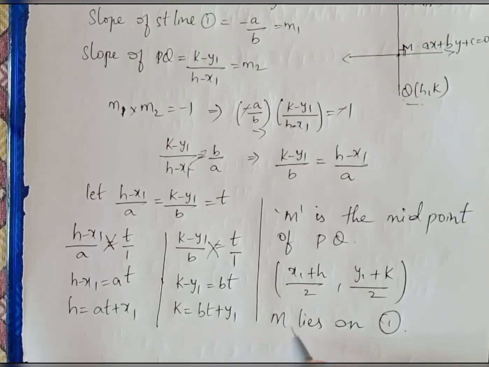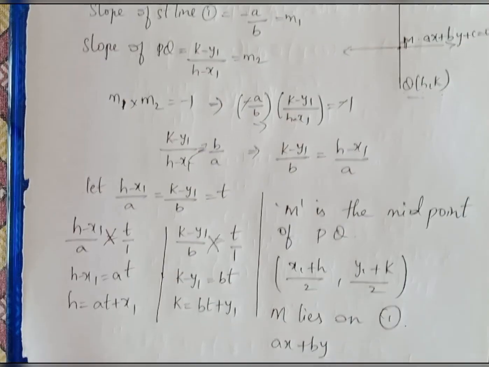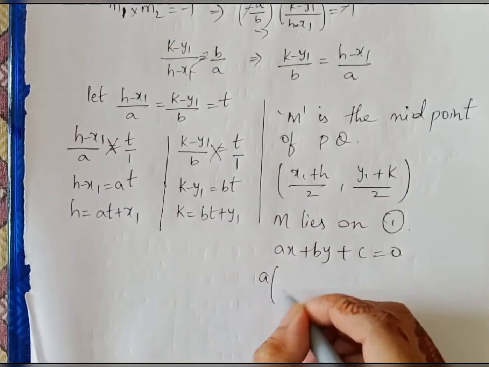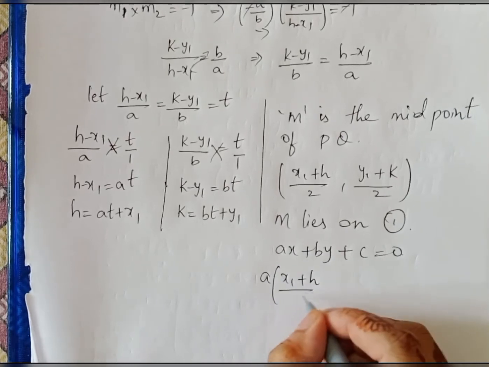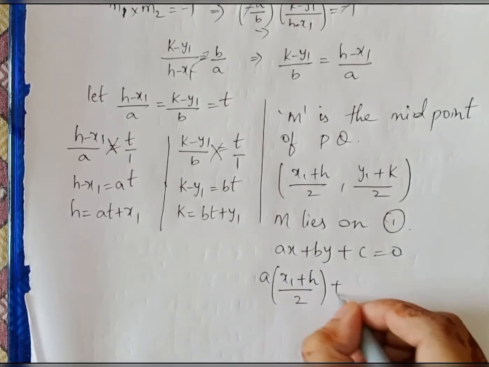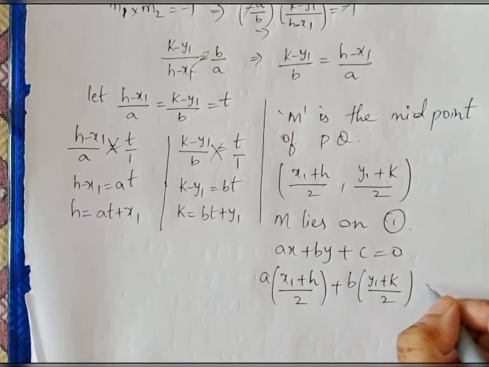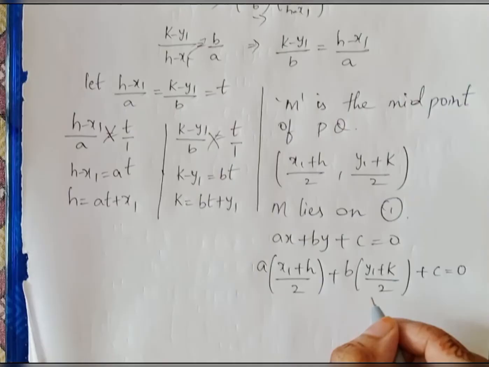So substitute this midpoint in ax plus by plus c is equal to 0. Substitute x value, so it is a into (x1 plus h) by 2 plus b into (y1 plus k) by 2 plus c equals to 0.